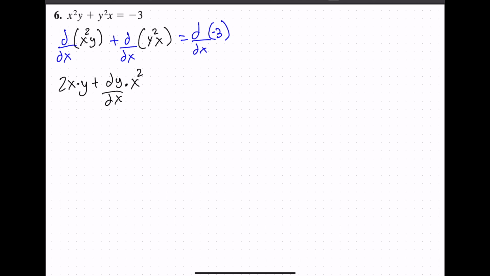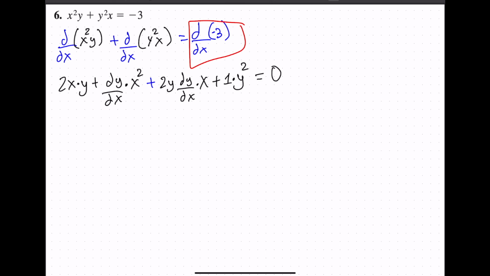Then we have a plus sign, and the derivative of y squared is 2y, and because the terms don't agree, I still need the dy/dx, and that's once again times x, plus the derivative of x, which is 1, times y squared, equal to, there's no x's on this term, therefore it is equal to 0.